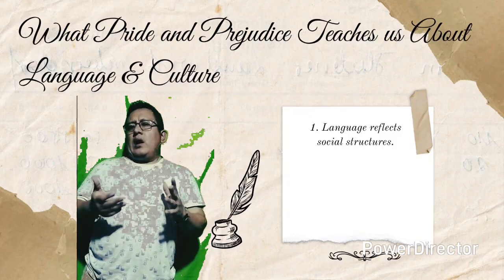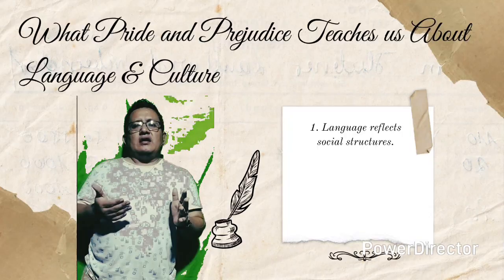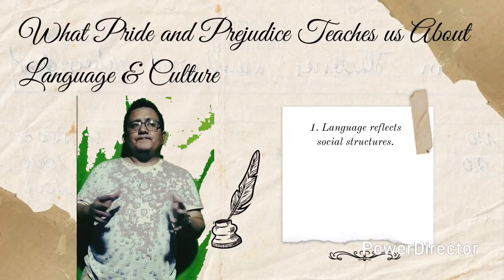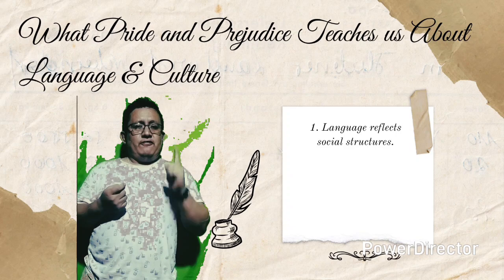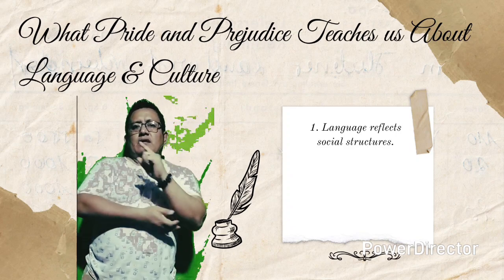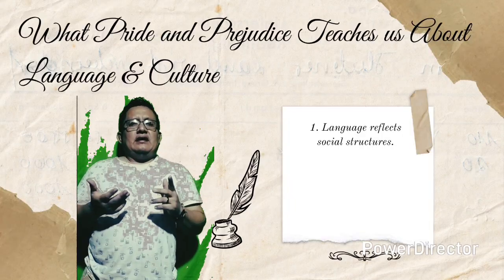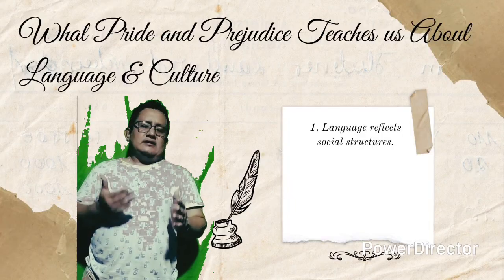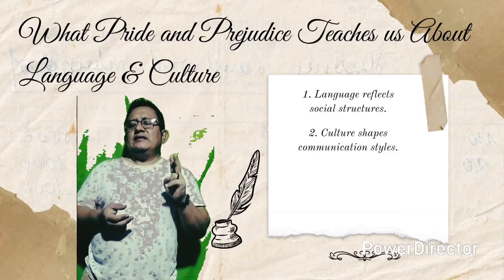But what does Pride and Prejudice teach us about language and culture? Well, we can learn that, first, language reflects social structures. Speech reveals class, gender, expectations, and identity. Second, culture shapes communication styles.